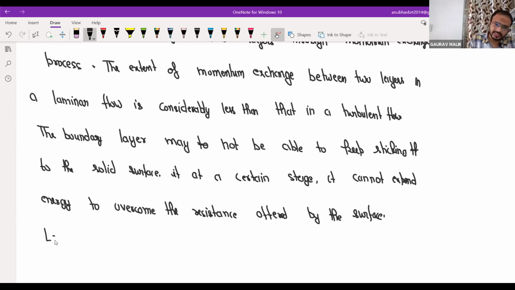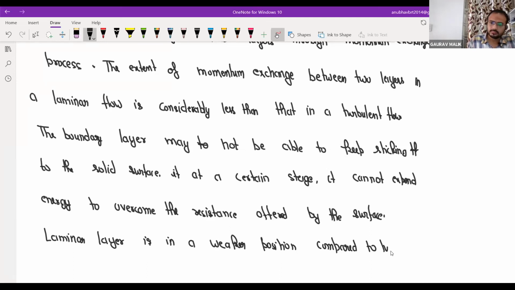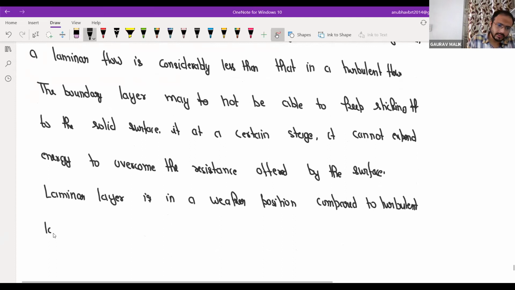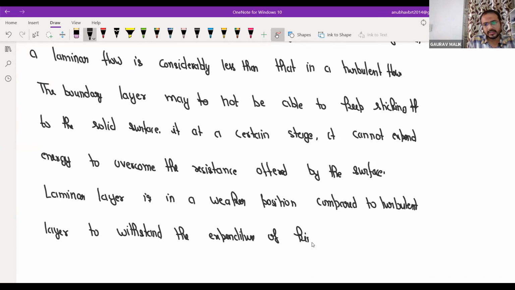So we can say from this discussion that a laminar layer is in a weaker position compared to a turbulent layer to withstand the expenditure of kinetic energy.